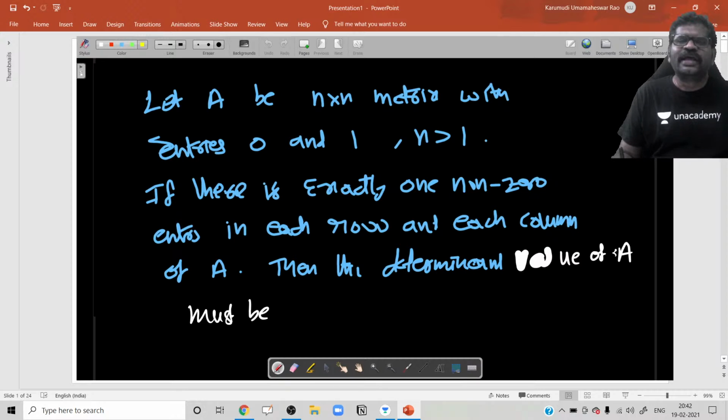So here the matrix is n cross n with each entry either 0 or 1. If there is exactly one non-zero entry in each row and each column of A, then the determinant value of A must be?